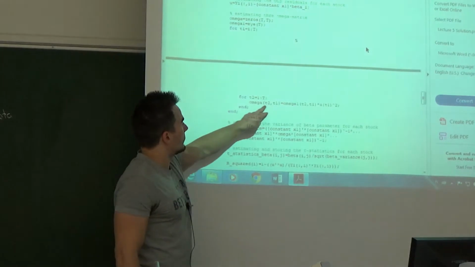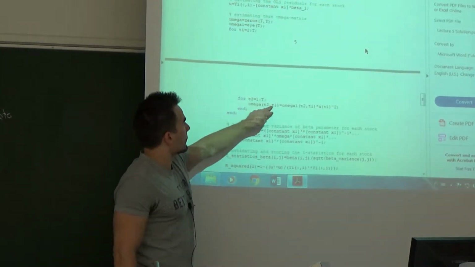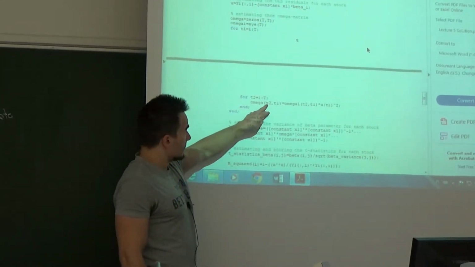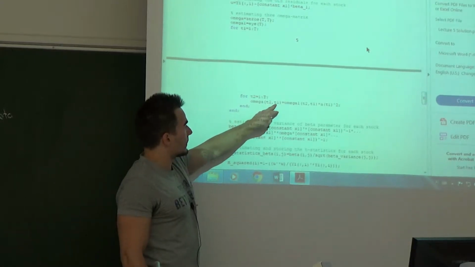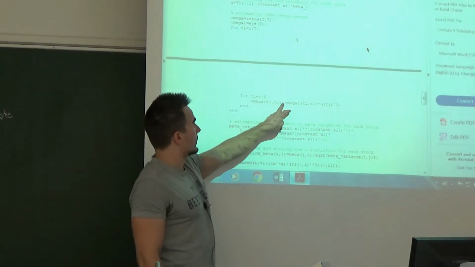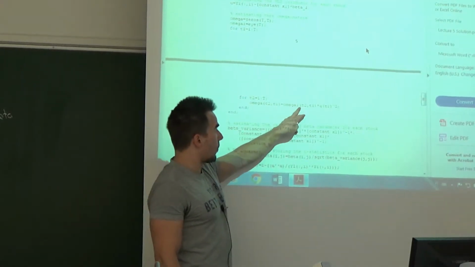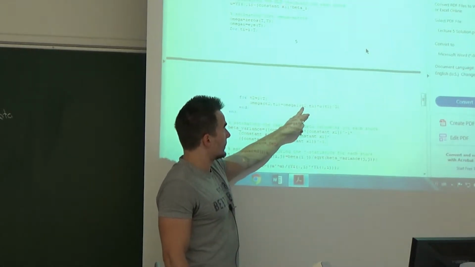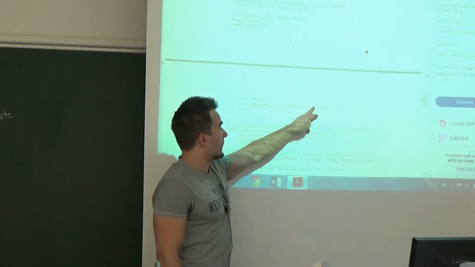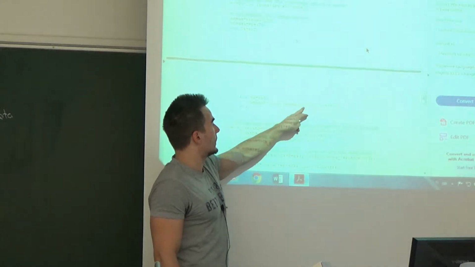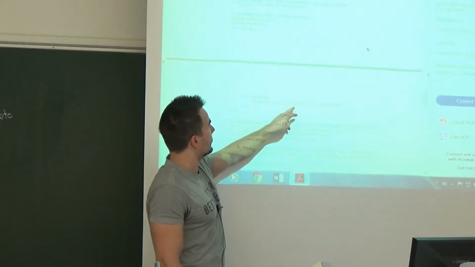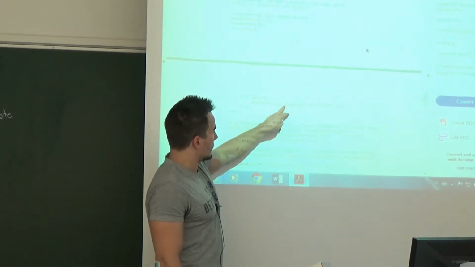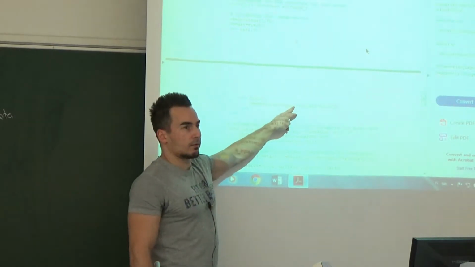And as you see here, omega t2 comma t1 is equal to omega 1, and we have the same index here. So it takes the same element of our omega 1 matrix, which is the identity matrix.